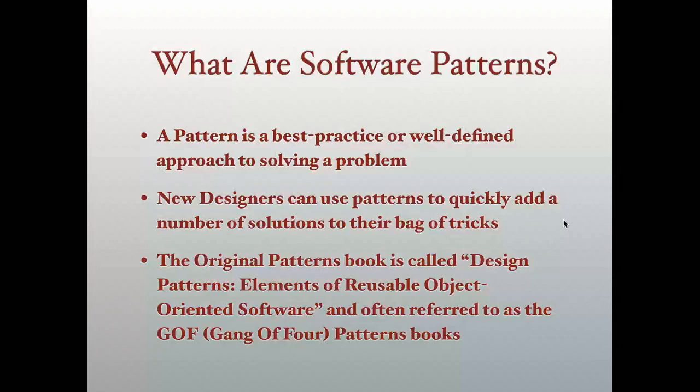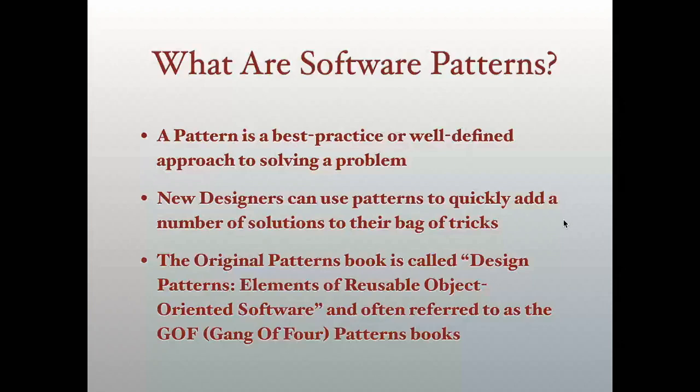The whole idea of software patterns floated around for a while, but the genesis of it is a book called Design Patterns: Elements of Reusable Object-Oriented Software. This came out in the early 90s, so it's now pushing almost 30 years old.